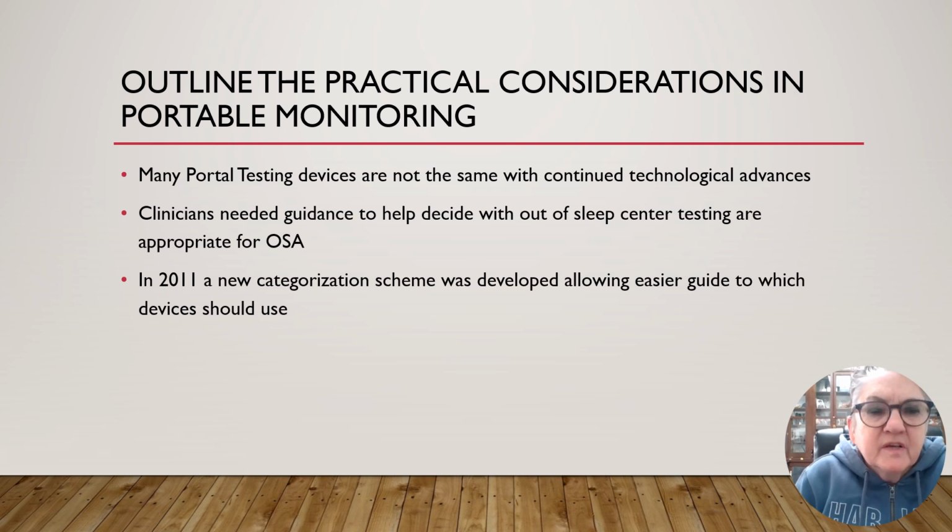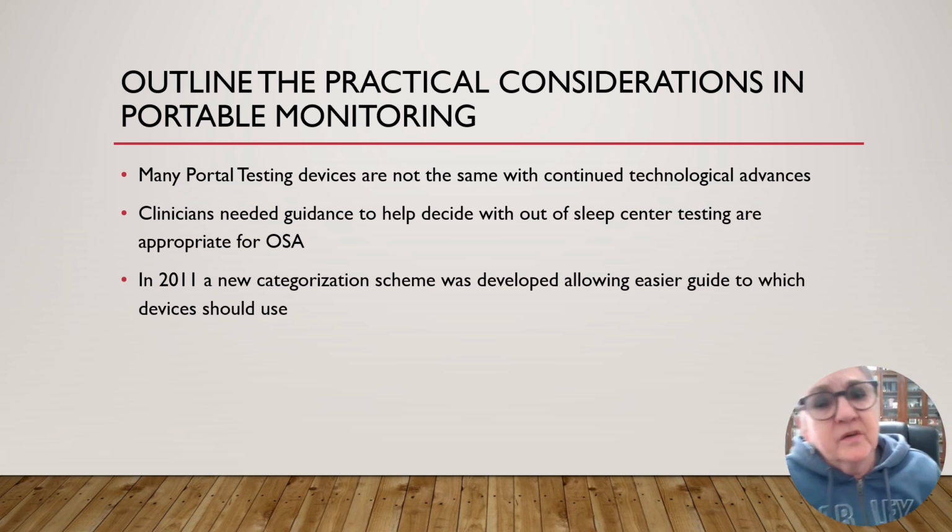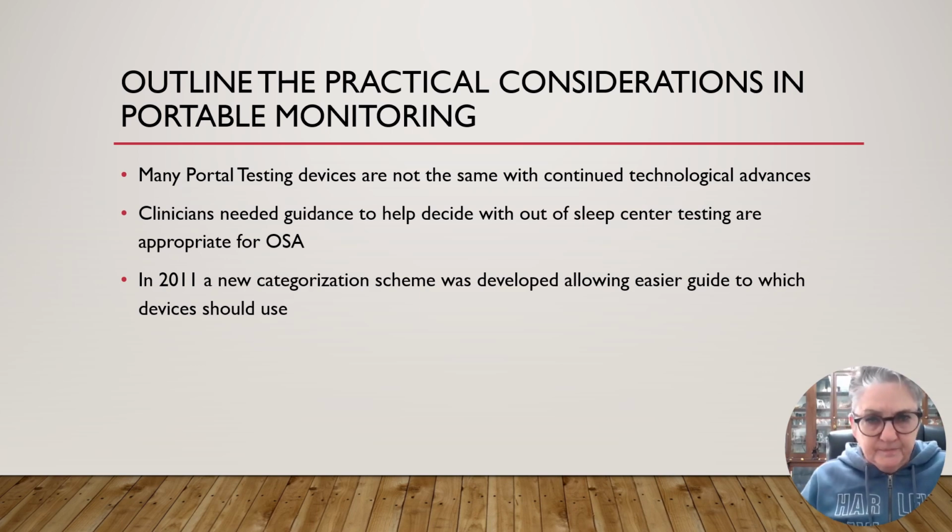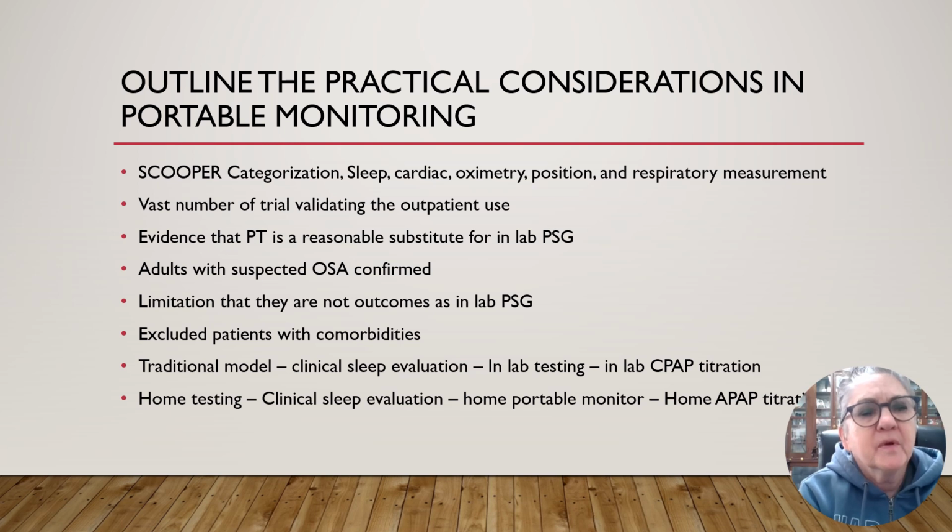Many portable testing devices are not the same with the continued technology advances. Clinicians needed guidance to help decide on out-of-sleep-center testing and whether it is appropriate for OSA. In 2011, a new categorization scheme was developed, allowing an easier guide to which devices should be used. And we covered those in previous slides. The categorizations included sleep, cardiac, oximetry, position, and respiratory movement.